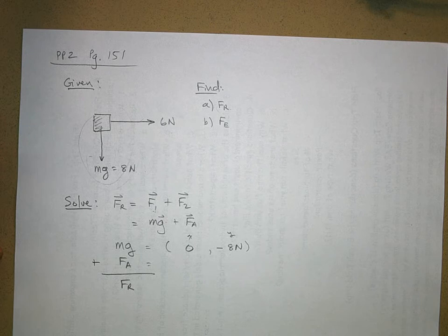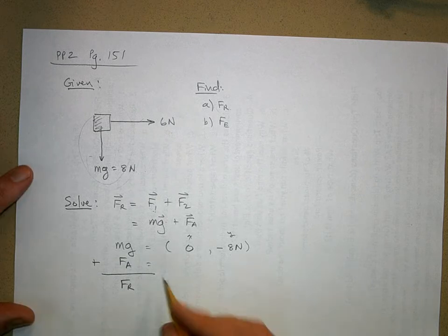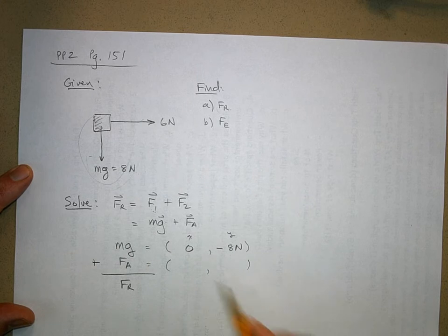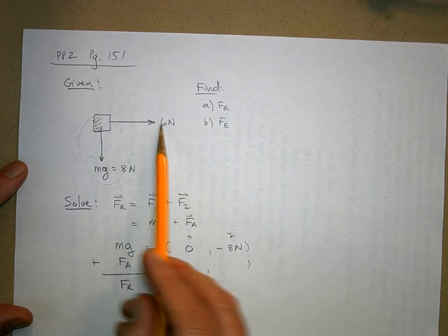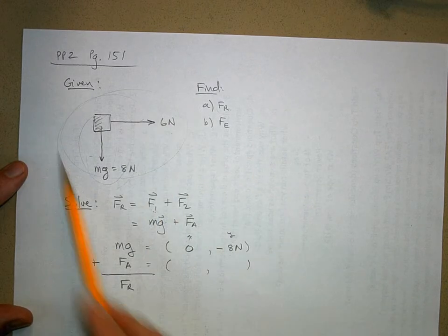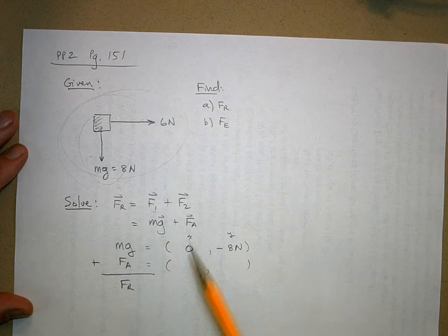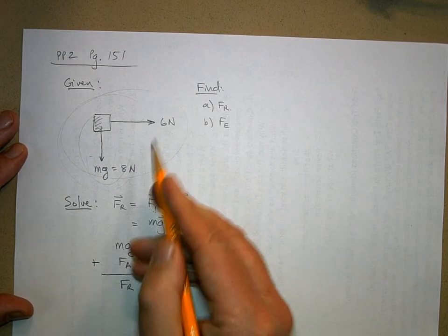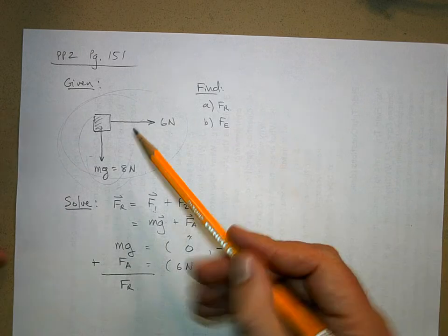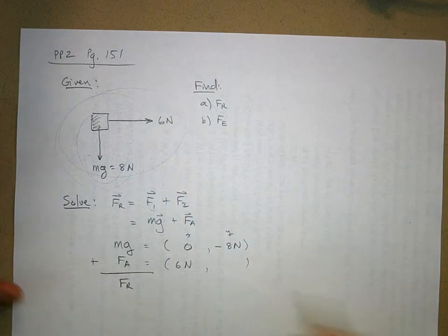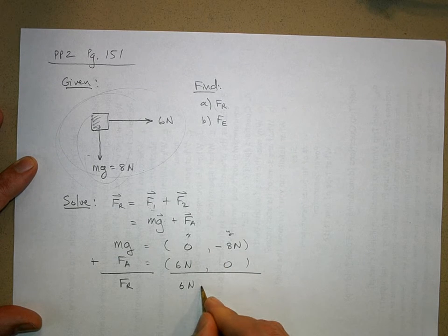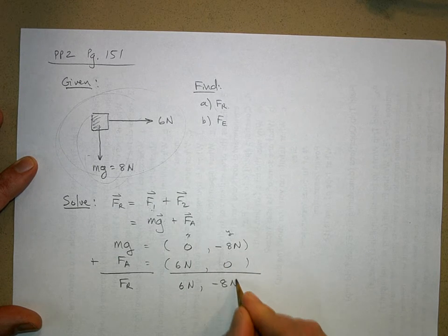In the negative y direction. And then Fa, or the applied force, or the force of the rope, I could call it the tension force. Look at the picture. This is really a free body diagram, isn't it? They give you the free body diagram. And so it's 6 newtons in the positive x direction. What is it in the y direction? 0. Add them together: 6 newtons in the x, negative 8 newtons in the y.